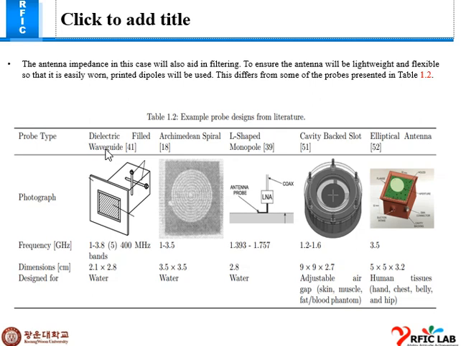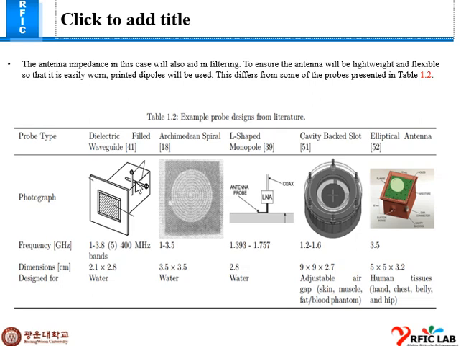And the frequency of these applications is described in this table; you can go through it. For the photograph dielectric waveguide, it ranges from 1 to 3.8 and 400 megahertz band.